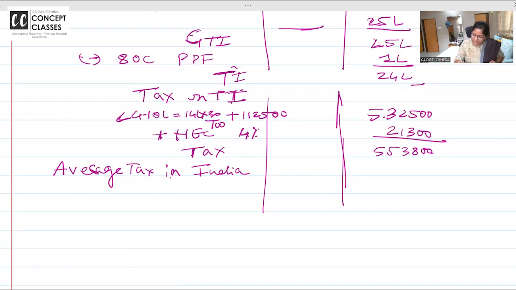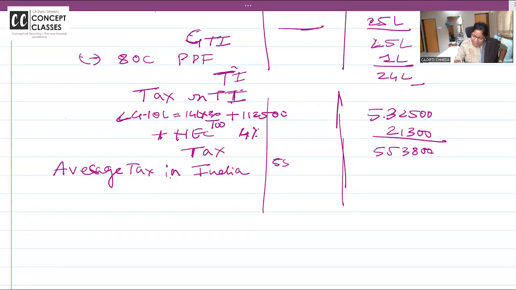Average tax in India is 5,53,800 divided by 24 lakhs into 100.